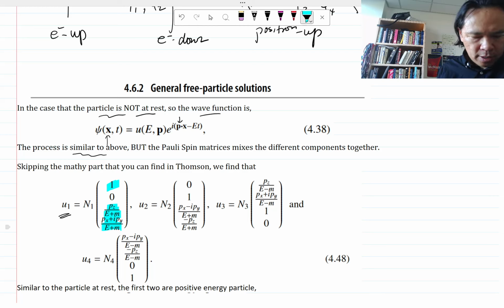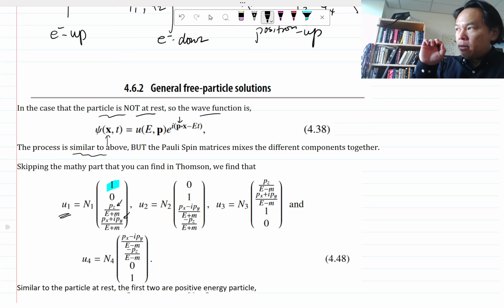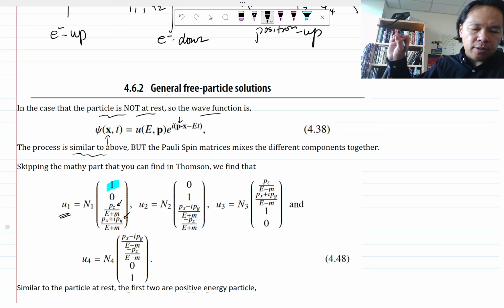Those are going to be proportional to basically p_z in the third component, and then p_x plus i p_y in the fourth component, and it's all divided by E plus m. Okay. So the way to think about this is that these spinors are now not purely one component each, where this third component can also mix in with your first component.